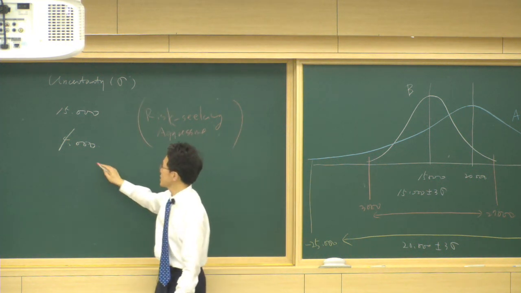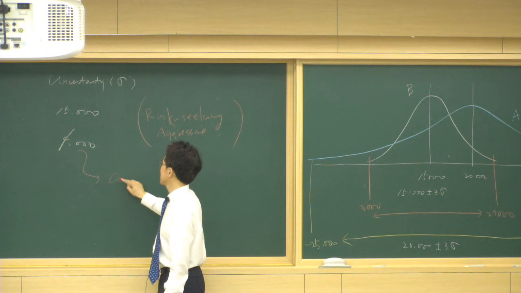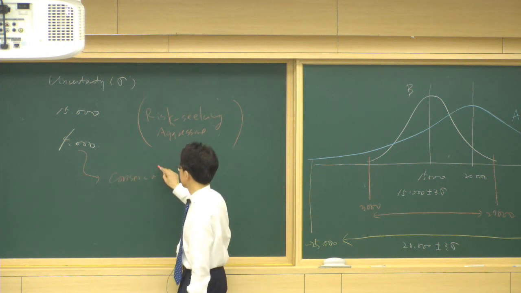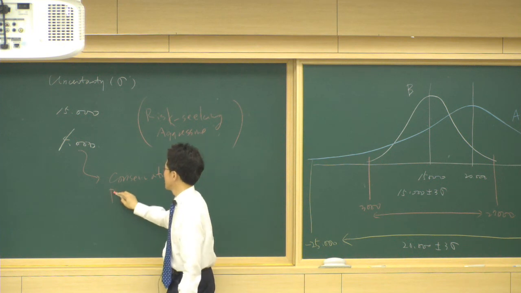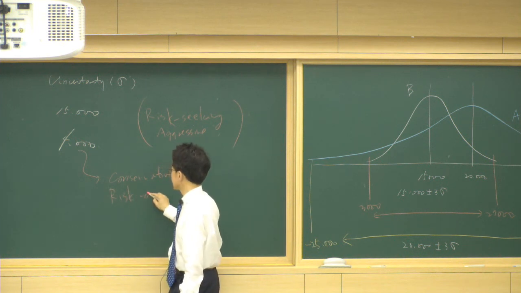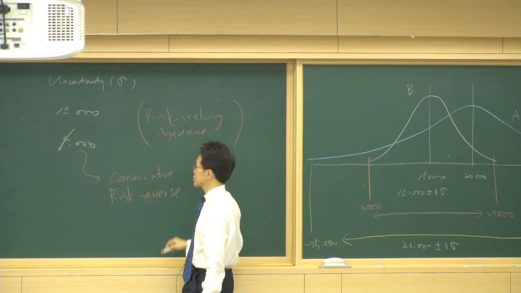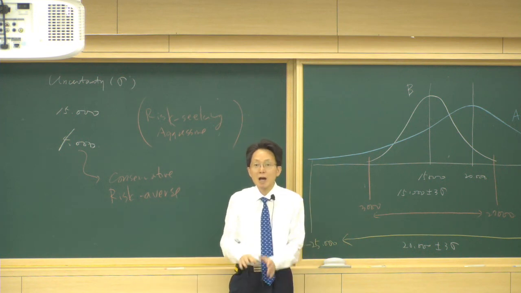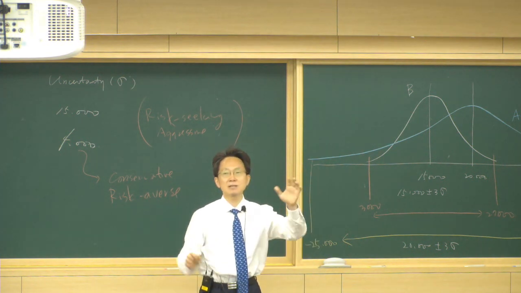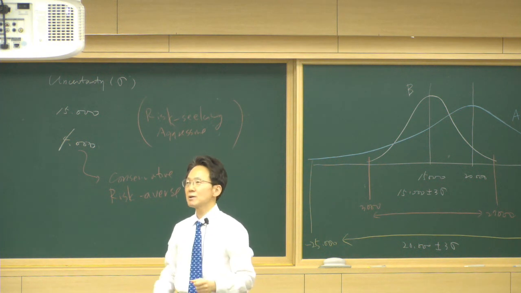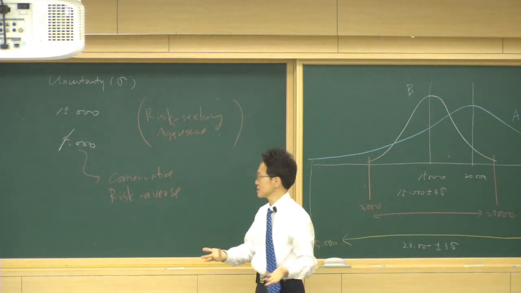Whereas if you prefer B, you are a little bit conservative decision maker, or risk averse decision maker. So now the decision making problem is not an objective endeavor, it becomes very much subjective.